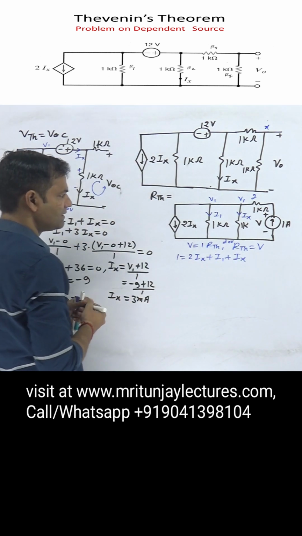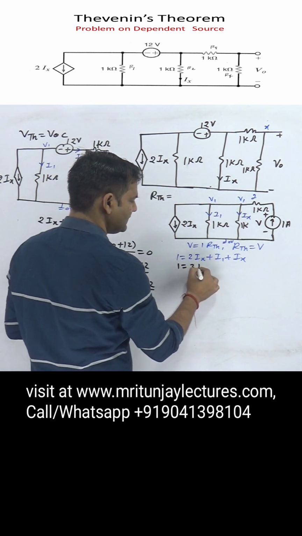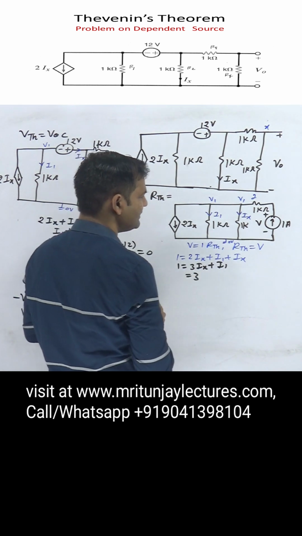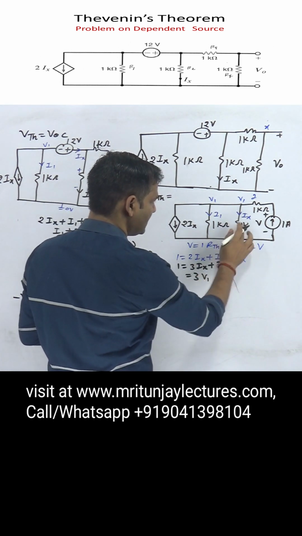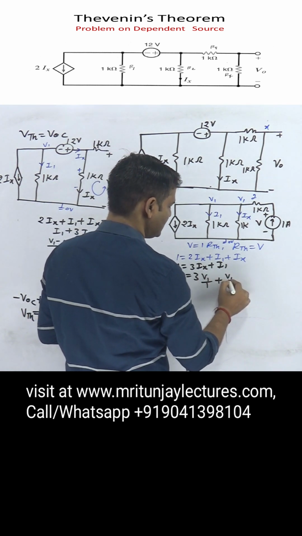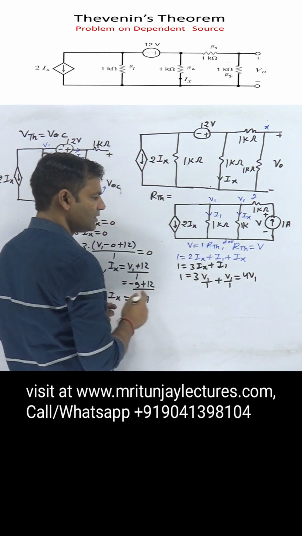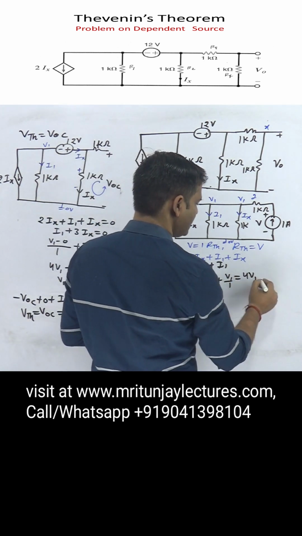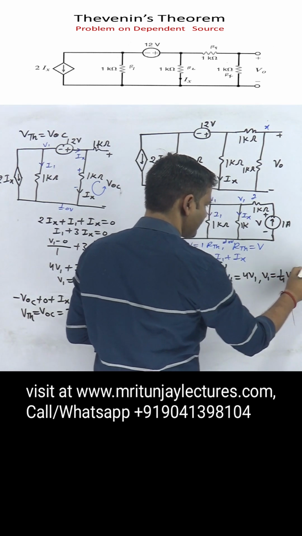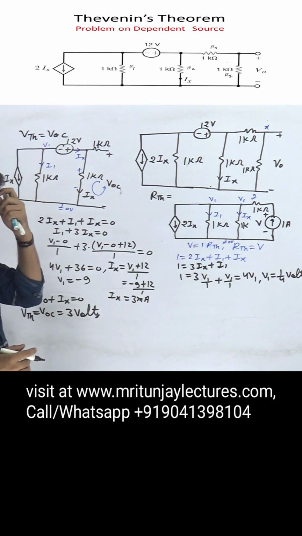So 1 equals 3Ix plus I1. 3Ix is written as V1 divided by 1, and I1 is also V1 divided by 1. So 4V1 is equal to 1. So V1 is 1 by 4 volt.